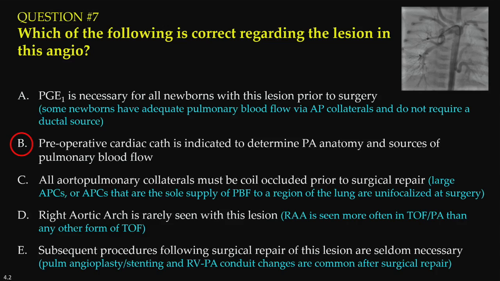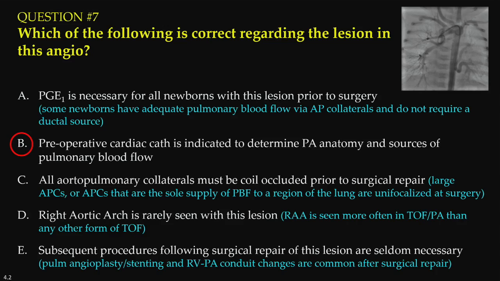In terms of C, if there's dual supply to a portion of the lung, we can coil one of the sources of supply, but what we're going to do is unifocalize all of those sources, especially those that are major or single sources. Right aortic arch, this is something to remember, they like to bring these associations into play.